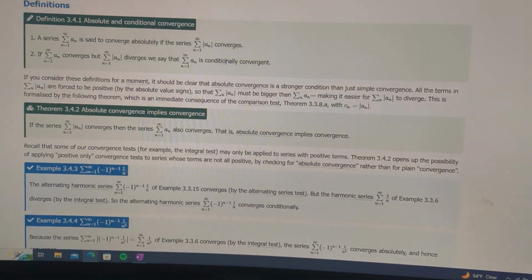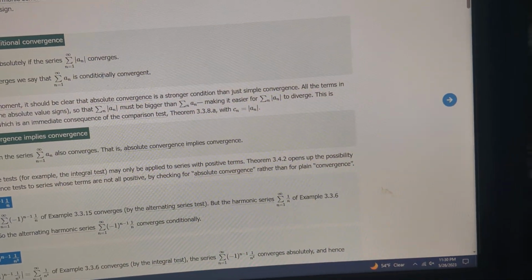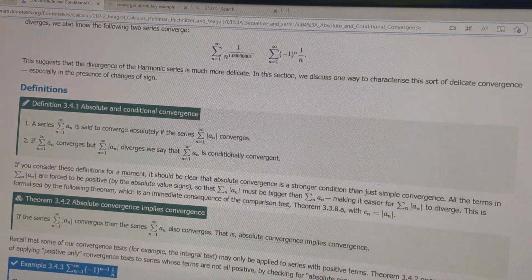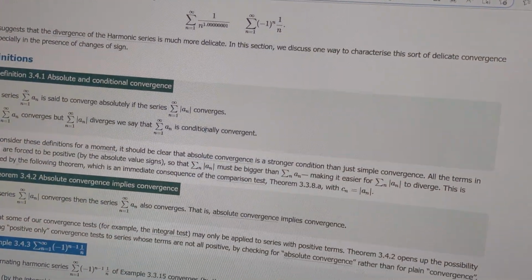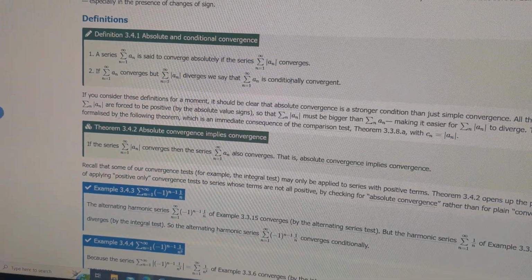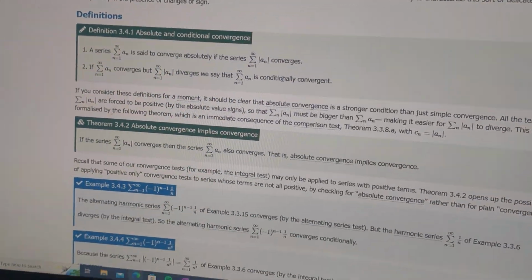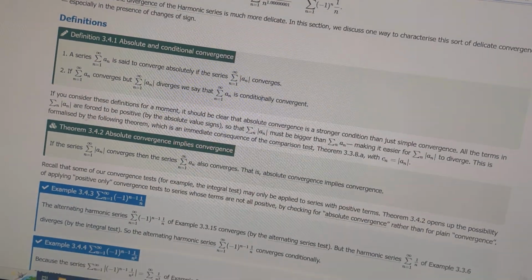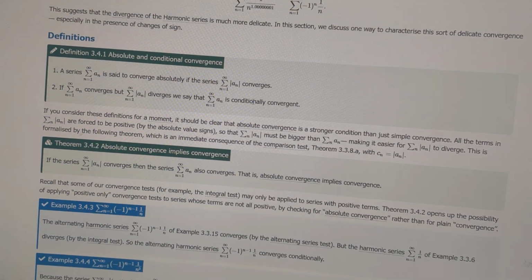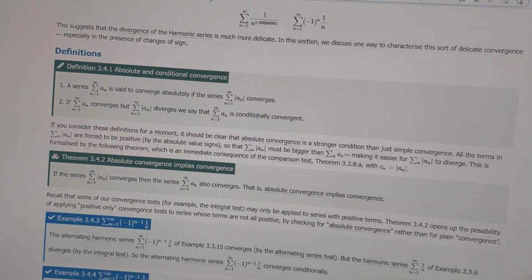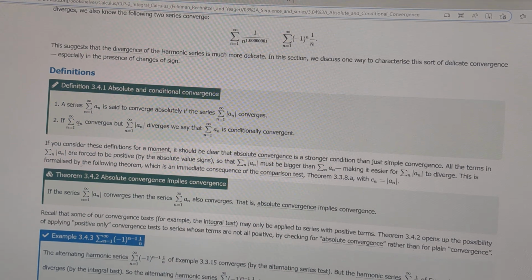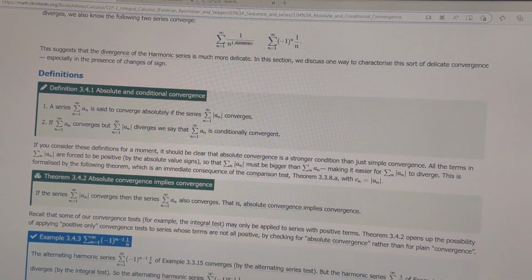So basically, what we're saying is that the absolute value of a series needs to be convergent for it to be absolutely convergent, and when it is not, there is still a chance that the series could be convergent, but it's not going to be convergent under all different conditions. It's just going to be when that series is by itself.